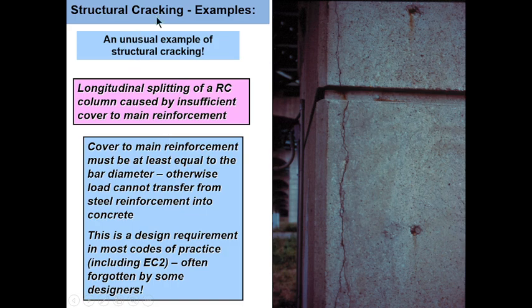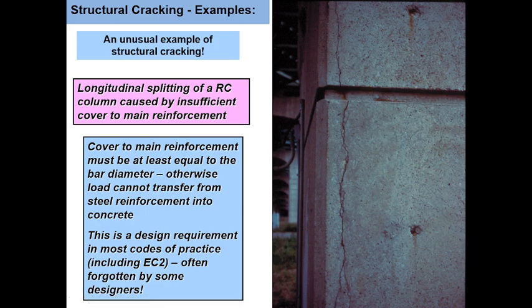Still on structural cracking, this is an unusual example. You can see longitudinal splitting. This is actually a column, but you can see a splitting, and here the reinforcement is. There is actually reinforcement at this place, and because the cover to the reinforcement is not adequate, the reinforcement is not able to transfer the load adequately to the concrete, because there's actually a bond between reinforcement and concrete to form reinforced concrete.